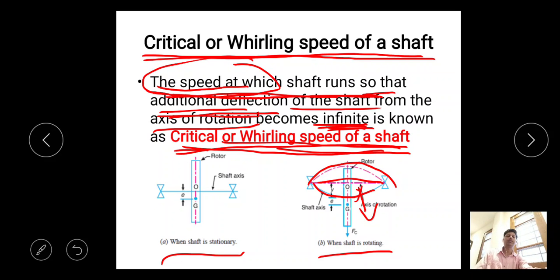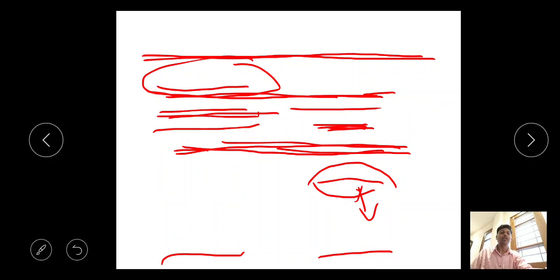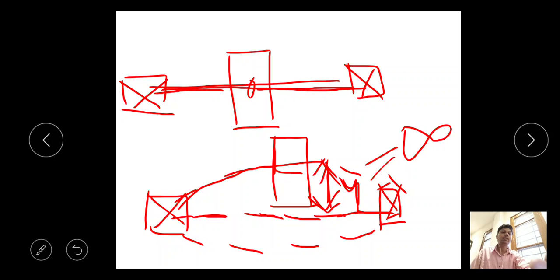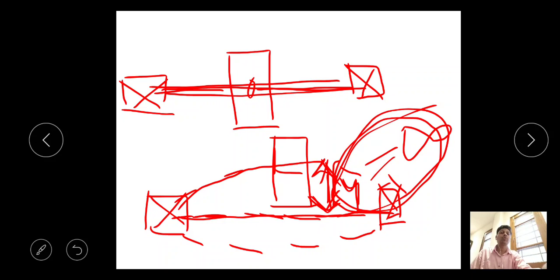Such speed is called the critical or whirling speed of a shaft. This will be the axis of the shaft. From this axis, the deflection becomes infinite, that is, it becomes more. Why this happens is because of vibrations. If it is rotating simply, it will not cause a whirling speed.